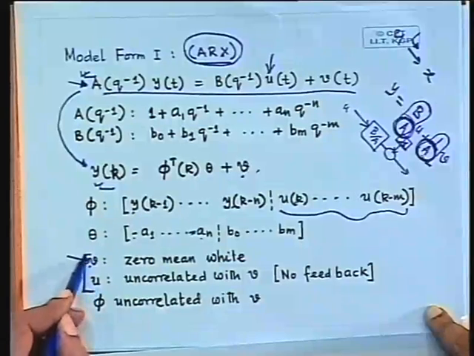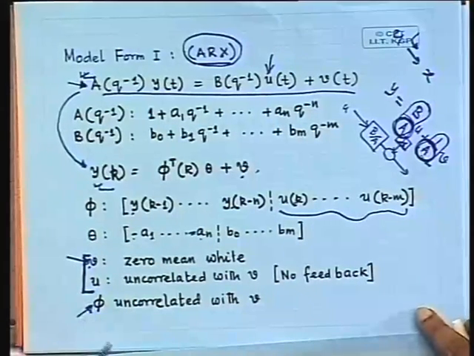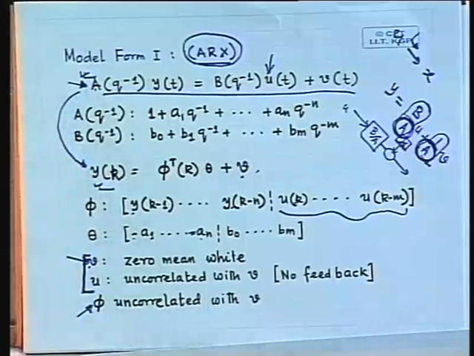So therefore this and v are going to be correlated. So if you make these assumptions that they are uncorrelated, then phi will be uncorrelated with v, and then you can expect good results by applying ordinary least square, but not otherwise.